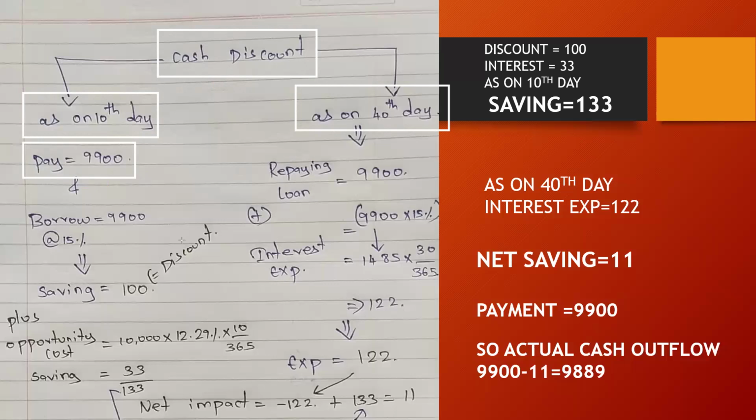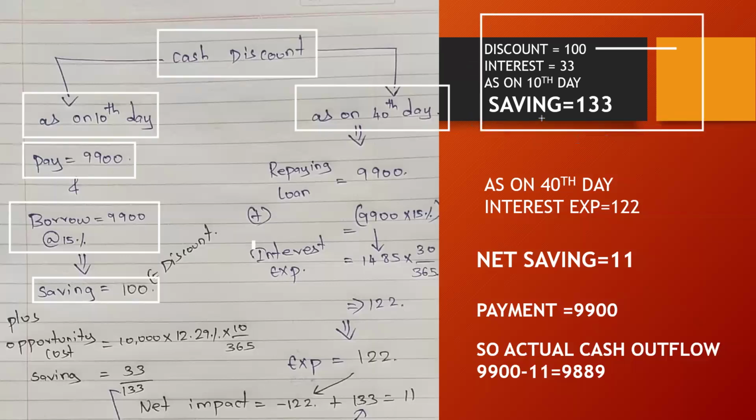At the same time, I have made borrowings of 15% for the amount of $9,900. In this scenario, I have saved $100 by the discount. That's the first thing, you can see it in the above corner: the discount on the 10th day.